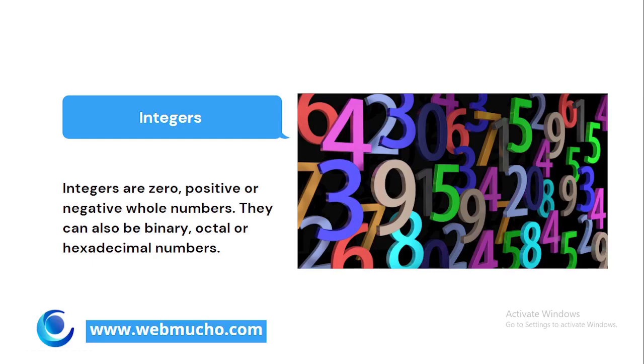Integers can also be binary, octal or hexadecimal numbers. So you are not going to work with only whole numbers, but you'll also be working with binary, octal, and hexadecimal numbers. And we are going to look at examples of how we use them in Python.